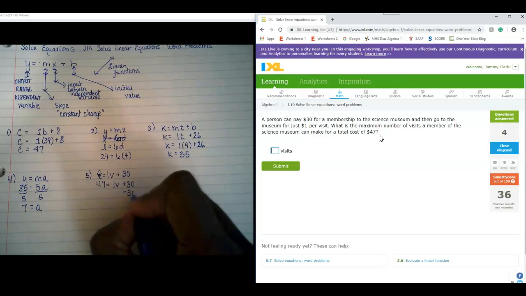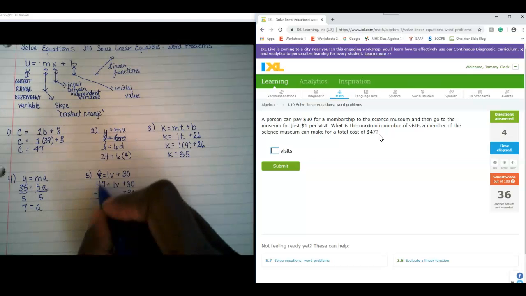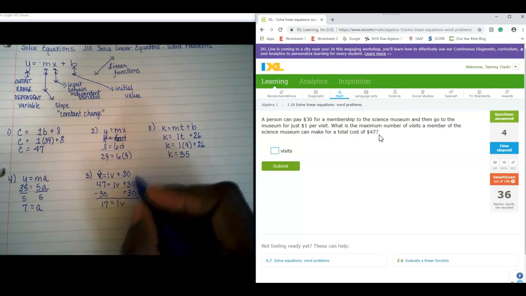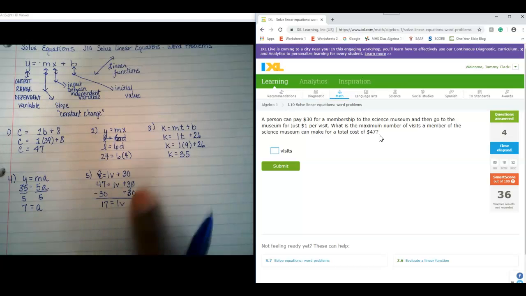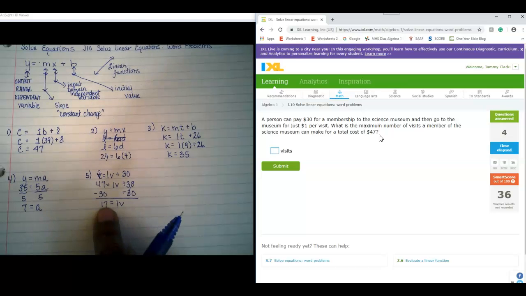But to show the math, I'm going to subtract $30 from both sides of the equation. I have here $17 is equal to 1 visit. Not 1 visit, but 17 visits. 30 minus 30 is 0. So $1 times 17 visits gives me 17.